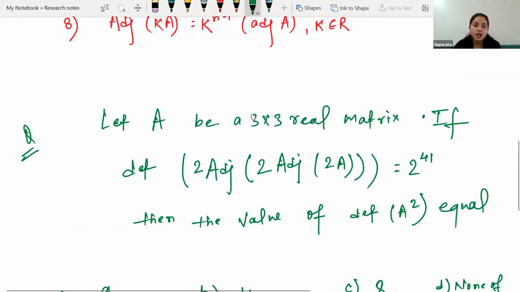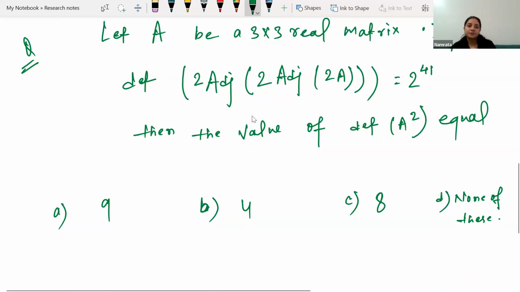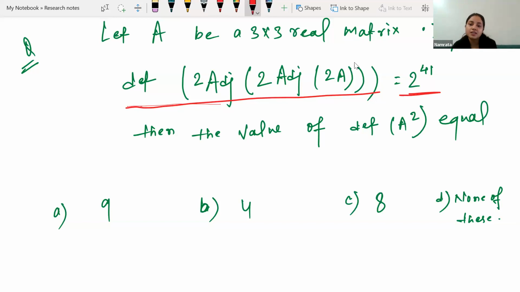Okay, so let's see how to solve this question. We have this condition, and by using it we have to find determinant of A square. The left hand side is there, and the right hand side value is also given.